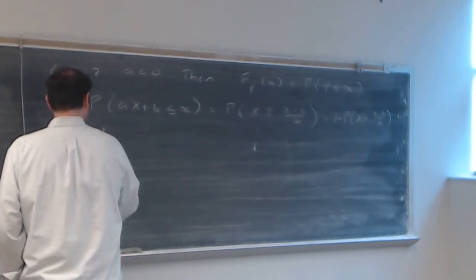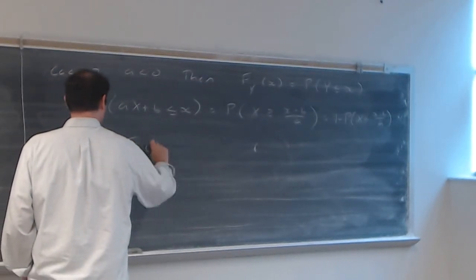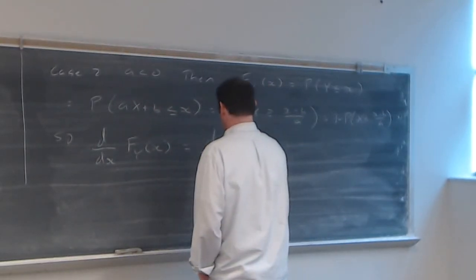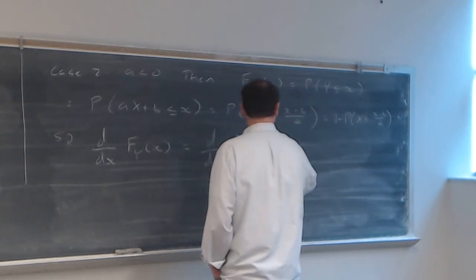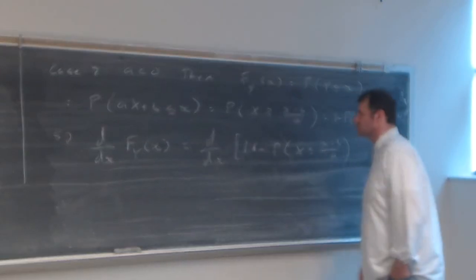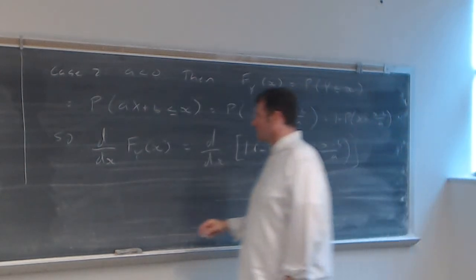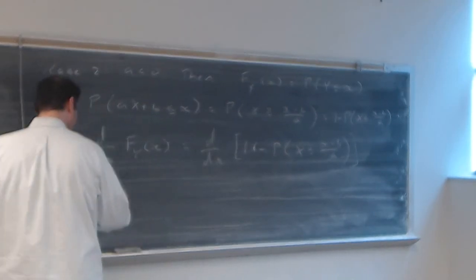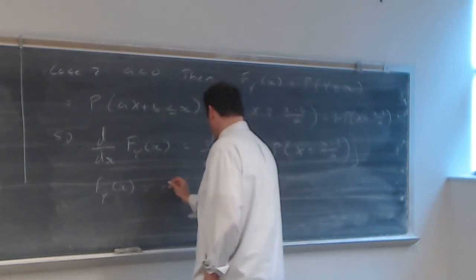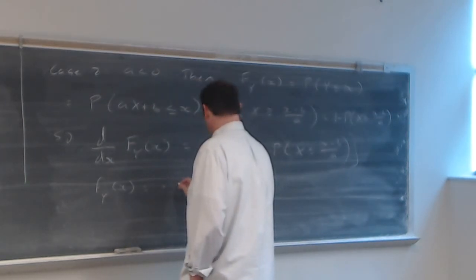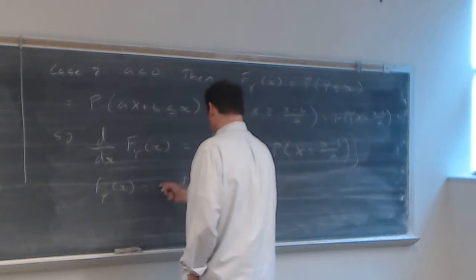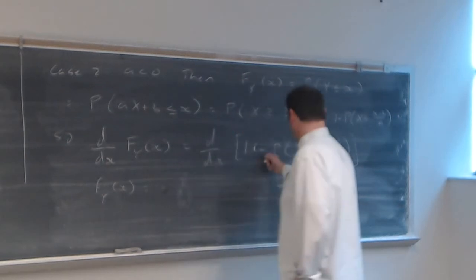So if I take the derivative with respect to x, the PDF of y at x, that's the same thing as the derivative with respect to x of 1 minus the probability that x is less than or equal to x minus b over a. And so this is the PDF evaluated at x. Well, the derivative of 1 is nothing.